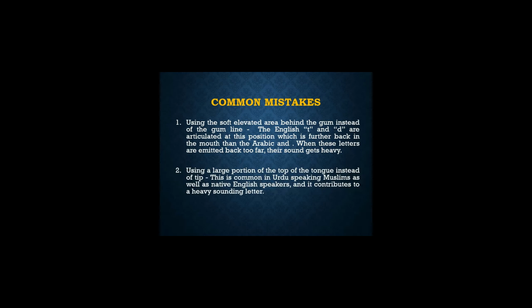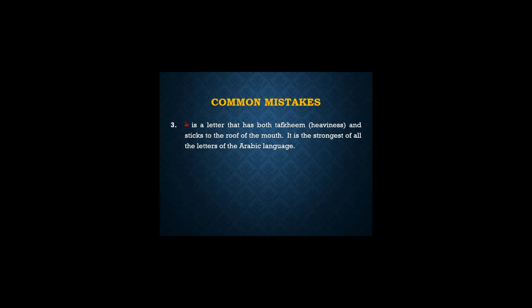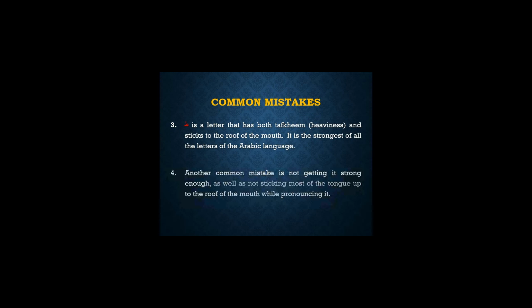Okay, and obviously you shouldn't be using too much of the tongue to say ad or at or atto. So just the tip of the tongue should be used for these three letters. And for pa, there has to be heaviness. This is the strongest of the heavy letters of the Arabic language.